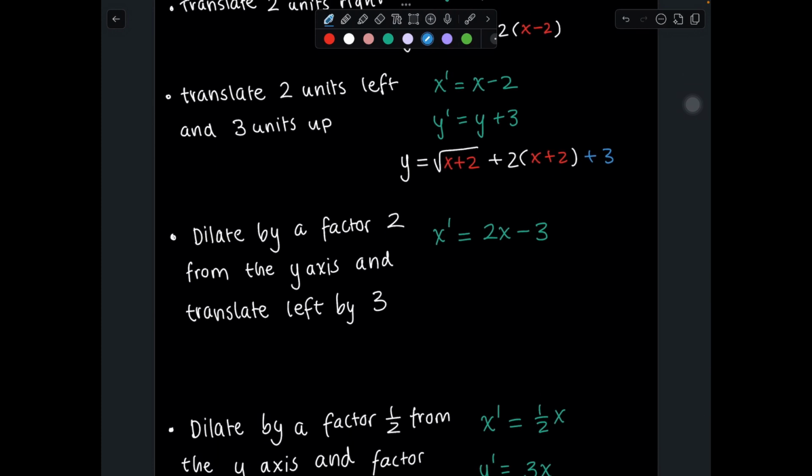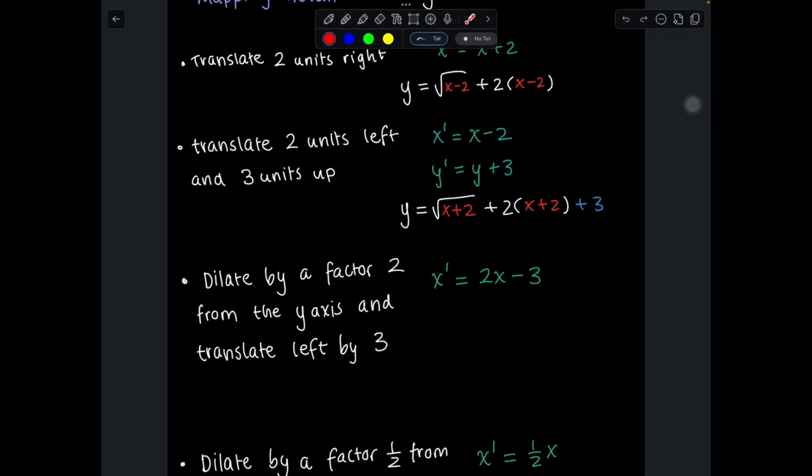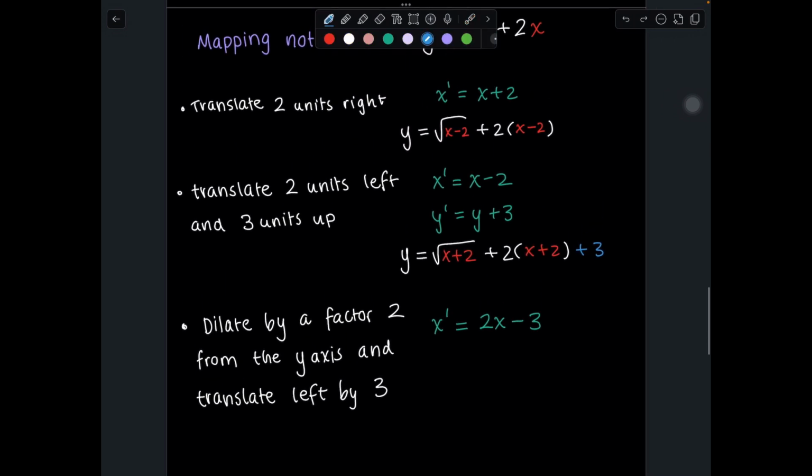Our next example, it says dilate by a factor 2 from the y-axis and translate left by 3. So when you dilate by a factor of 2 from the y-axis, you're physically stretching the graph horizontally. So you can see how our old x value is being doubled, and then we're minusing 3, so we're moving it left by 3. So the way you apply this is exactly how I showed you before as well.